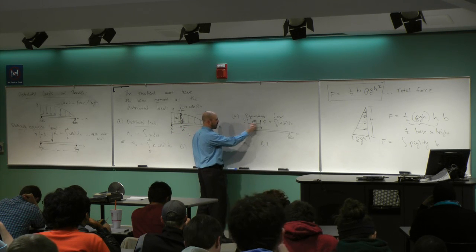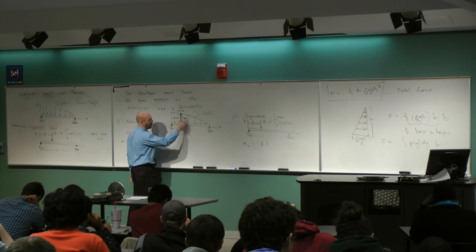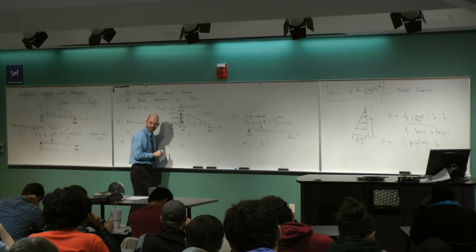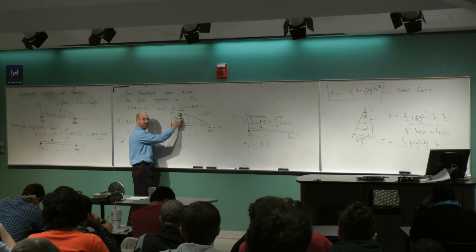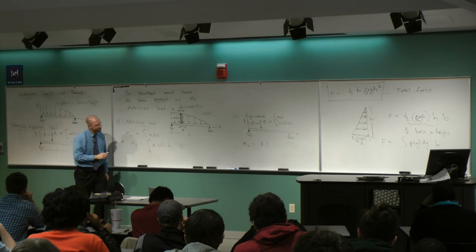This force times that distance has to be the same as the sum of all of these forces times all of their distances. Each one of these forces acts over an infinitesimal width, so I have to add up the total to get the total moment.